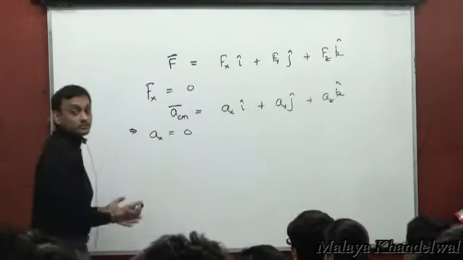That means there was no velocity in the x direction at all. And if there was no velocity in the x direction, there couldn't have been displacement in the x direction. And if there was no displacement in the x direction, the x coordinate of the particle must have remained constant. So the implication of this being 0 is really that the x coordinate of the center of mass must have remained constant.